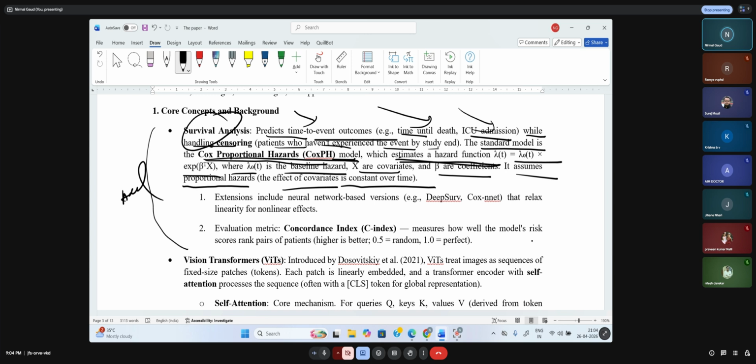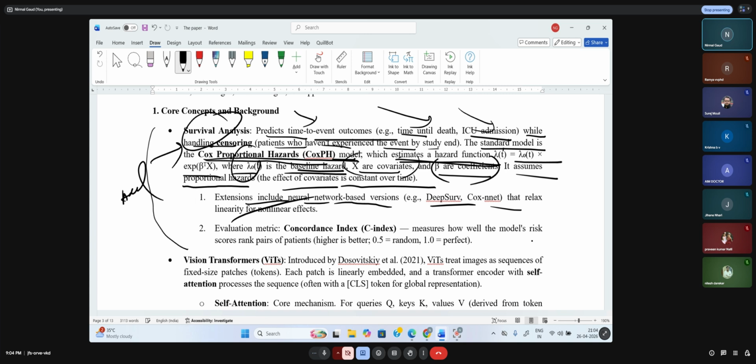T is time, and lambda of t is the parameter: lambda of t equals lambda naught of t times exponential of beta transpose x. Lambda naught of t is the baseline hazard, x is the input, beta is the coefficient. So over a period of time, what bad can happen? This is the survival analysis the authors mentioned, with extensions including neural network versions.